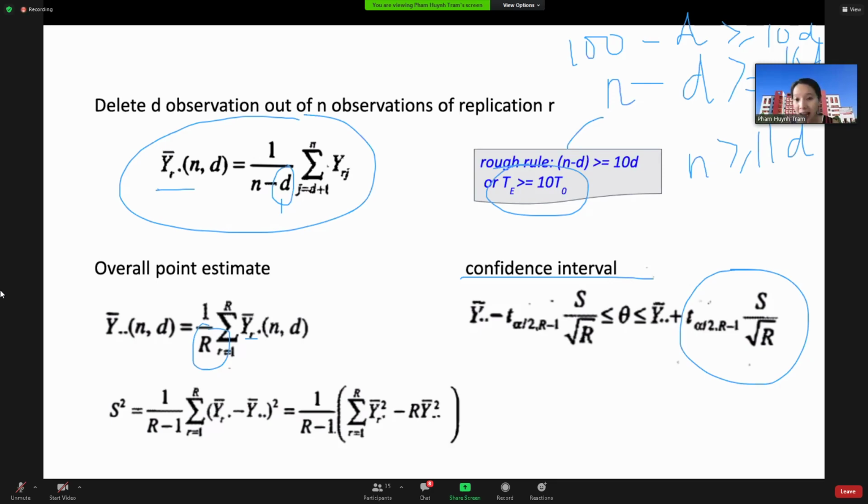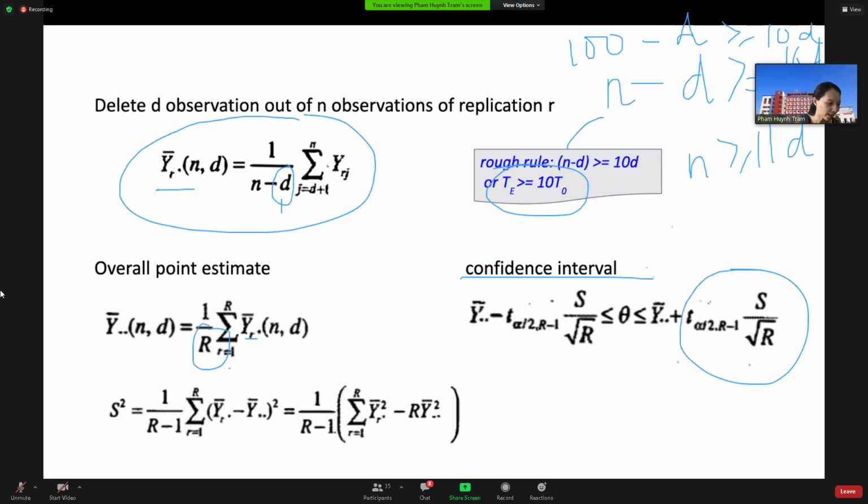This is just a rough rule. I forgot to put the reference here for you. I will look at the reference again and put it here for you. So this is the first method for us to analyze the output from the steady state simulation.